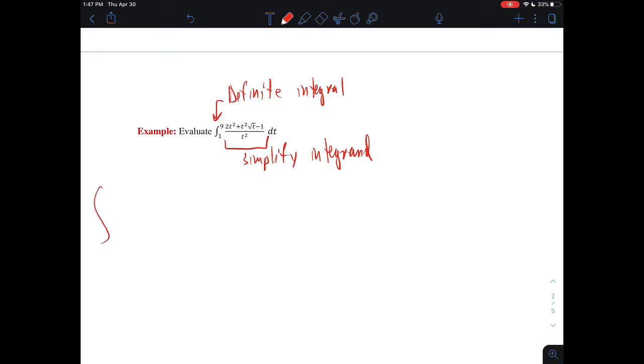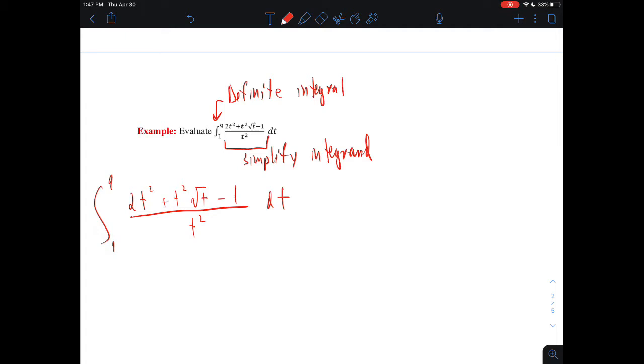So I'm going to write the integral from 1 to 9 of what we have in the integrand to begin with, 2t squared plus t squared times the square root of t minus 1, divided by t squared. And then I'm integrating with respect to t this time.